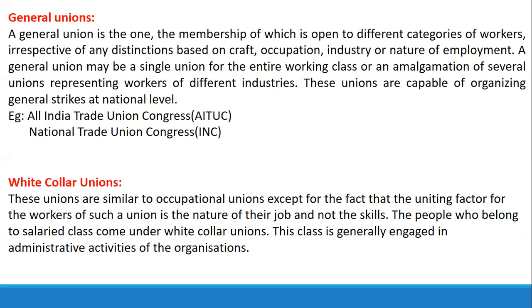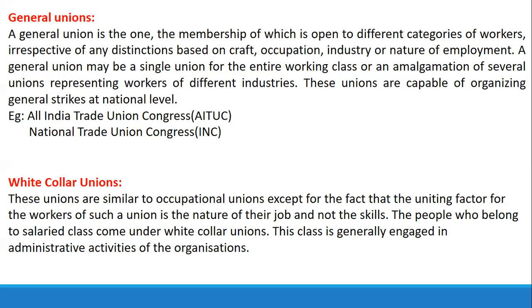These general unions are very powerful in mobilizing people for strikes at national level. Some examples of general unions: one, All India Trade Union Congress, AITUC. Second one, INTUC, the Indian National Trade Union Congress. These two are examples of general unions existing at national level.